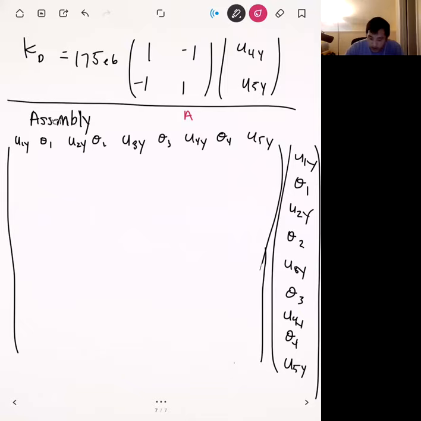Okay. So element A here acts on nodes 1 and 2. And so 1 and 2 is going to be in this region up here, right? So it's going to cover all of the degrees of freedom for nodes 1 and 2. Right, so maybe that should go down a bit more, but it's okay.